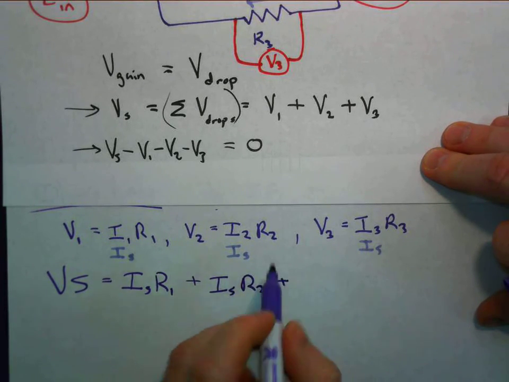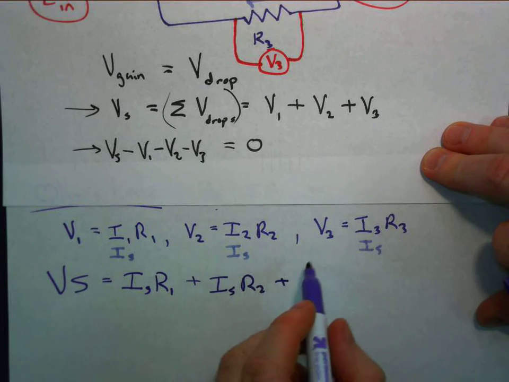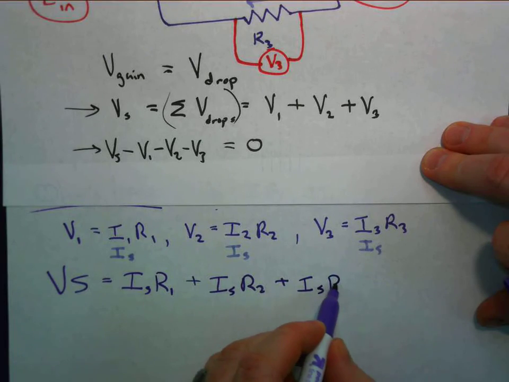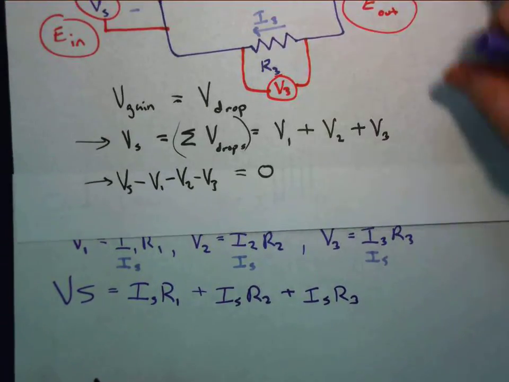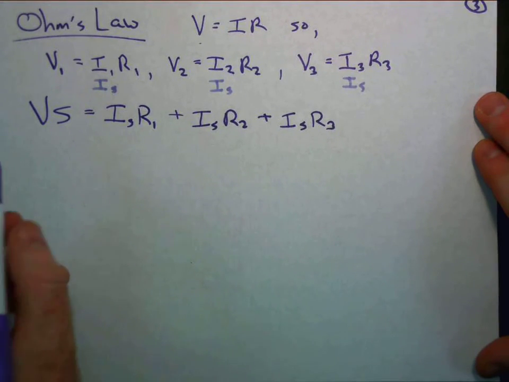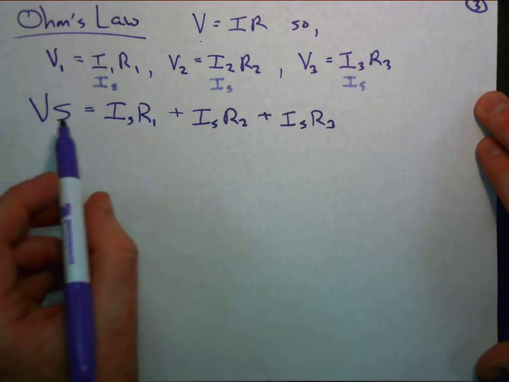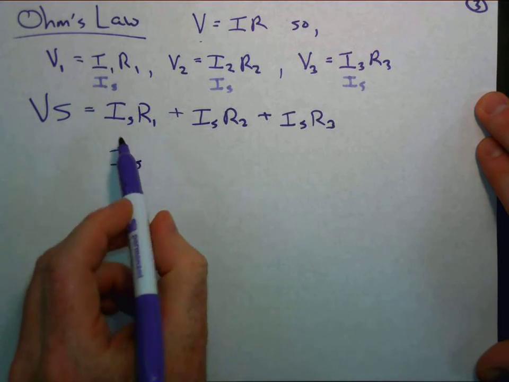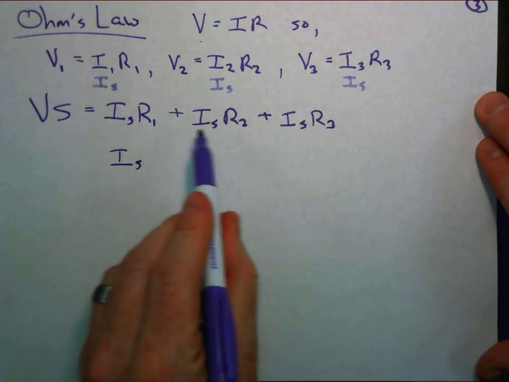And I have to add V3, and V3 is IS times R3. Okay. So there's an important thing about to happen here. Watch this. I can factor out the IS, and I can say that, well, then it's IS times R1 plus R2 plus R3.